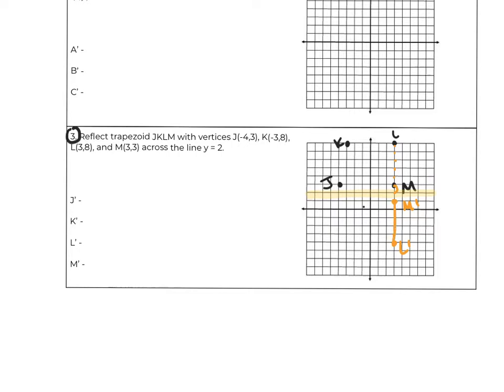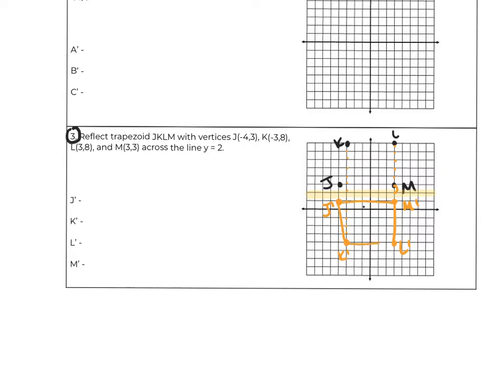Connect those. K is 1, 2, 3, 4, 5, 6 above that line. Remember, new ones get the apostrophe, which we pronounce prime. And J is 1 below it now.